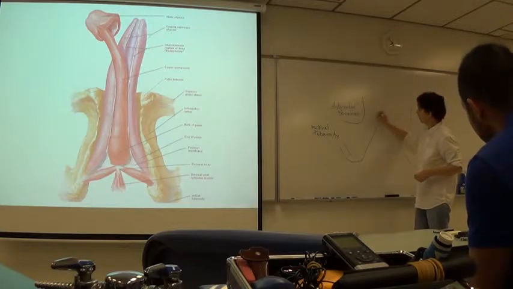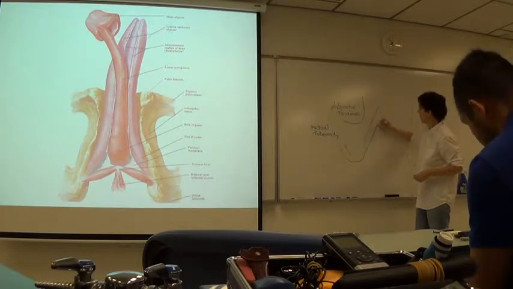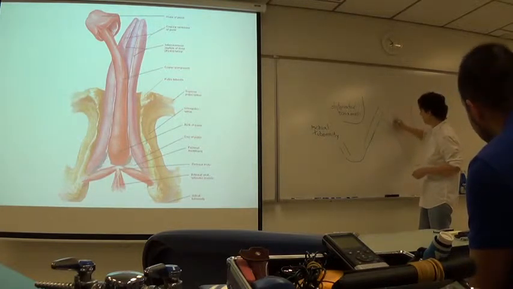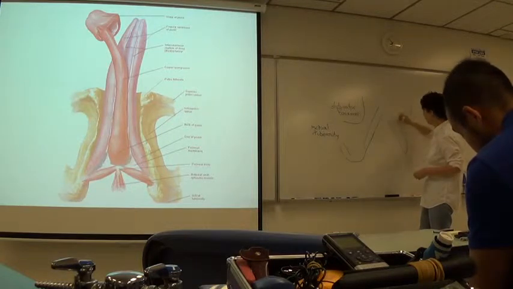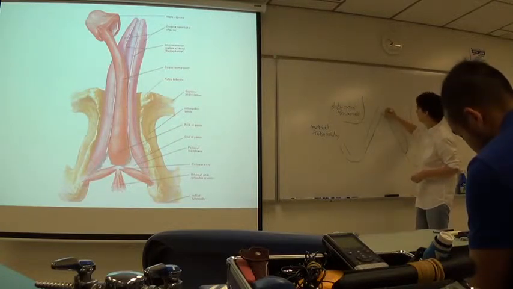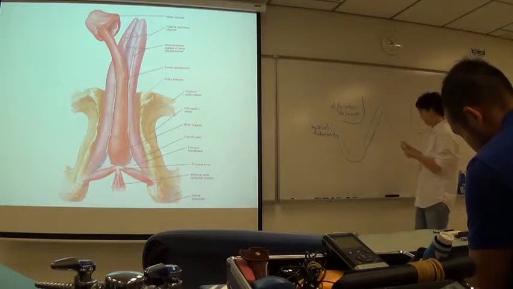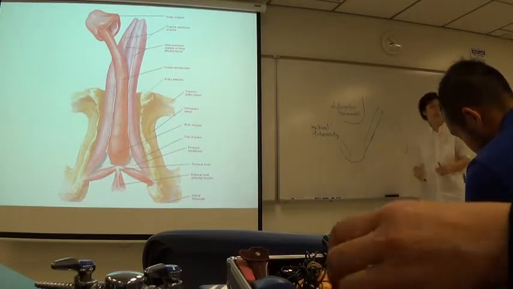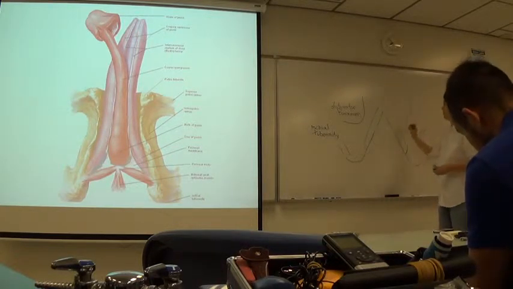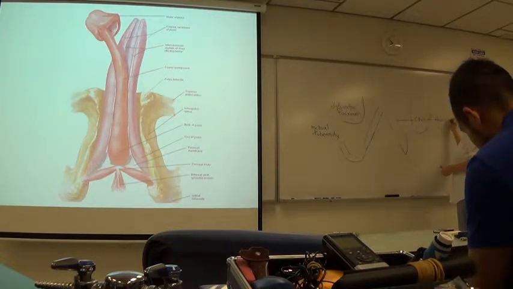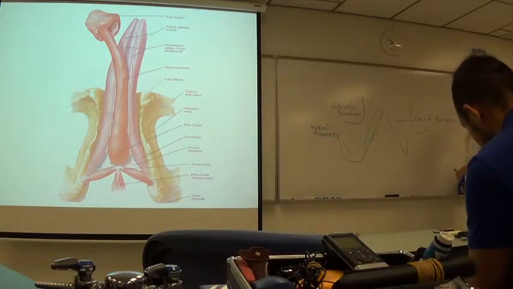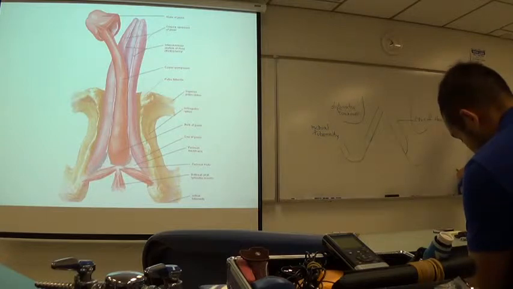So this portion of erectile tissue that is attached to the ischial and inferior pubic rami, the bony component, is known as the crus of the penis. We're talking about both of them together.